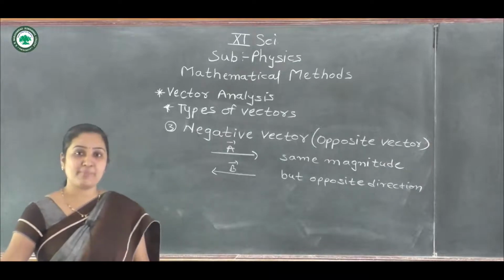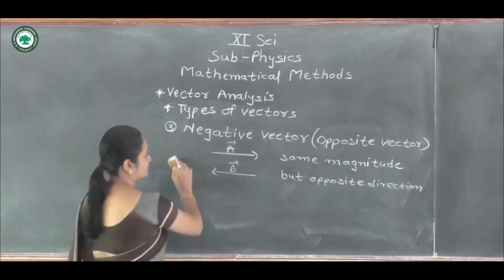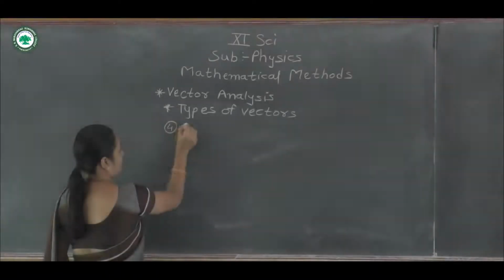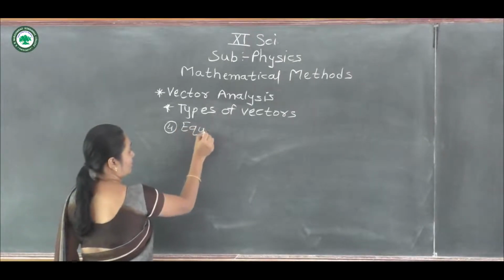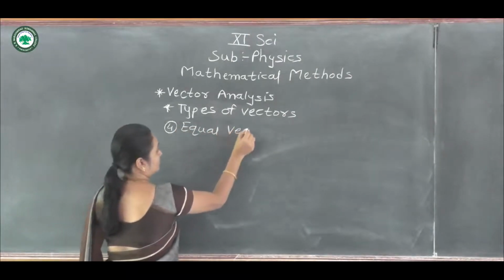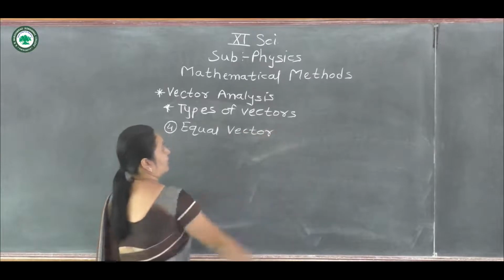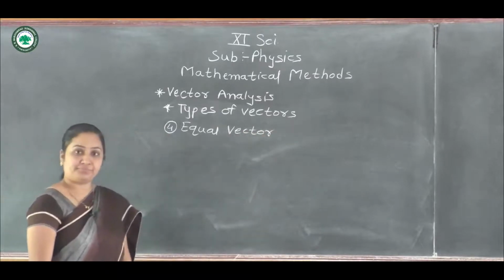Then the next type of vector is the equal vector.